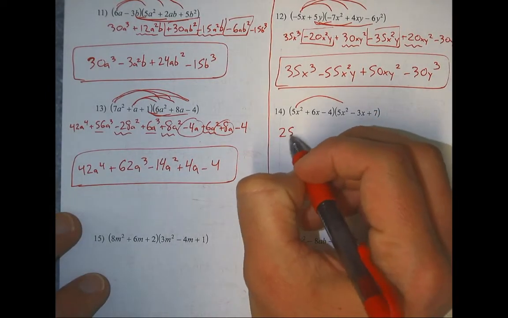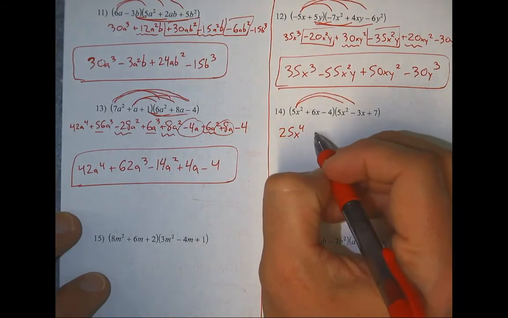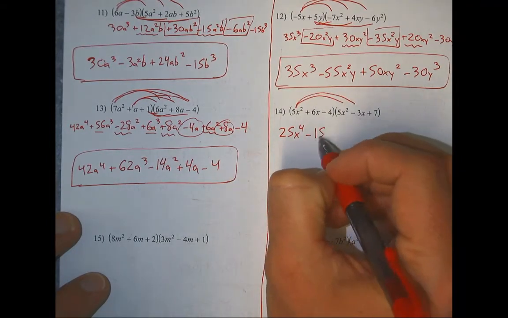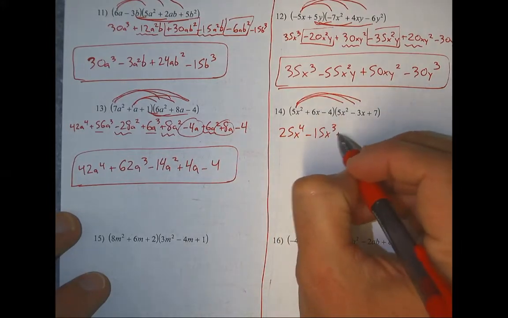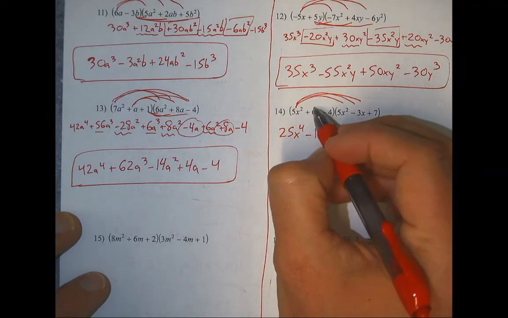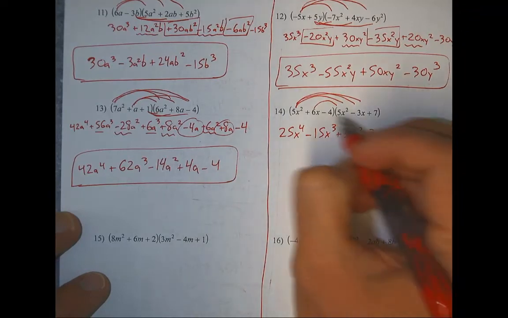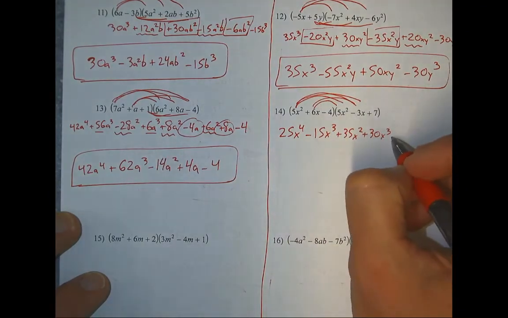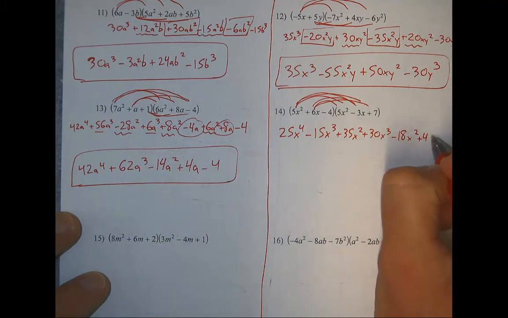Multiply here, to the 4th power, to the 3rd power, squared. Okay, then here, 30x to the 3rd, negative 18x squared, here, 42x.